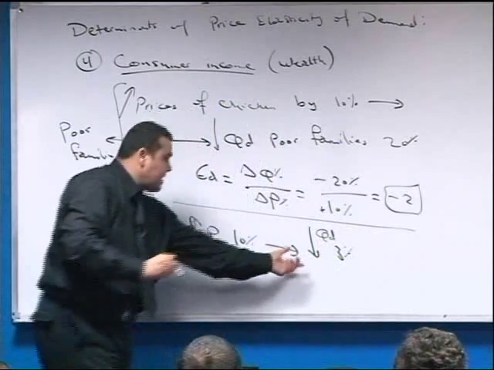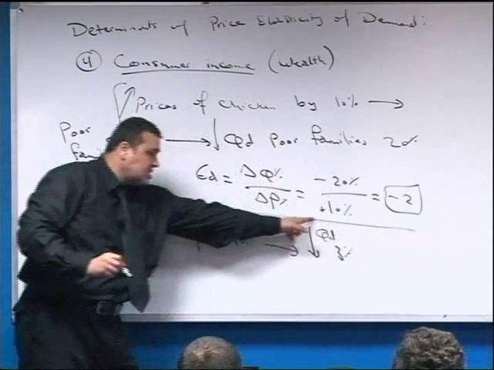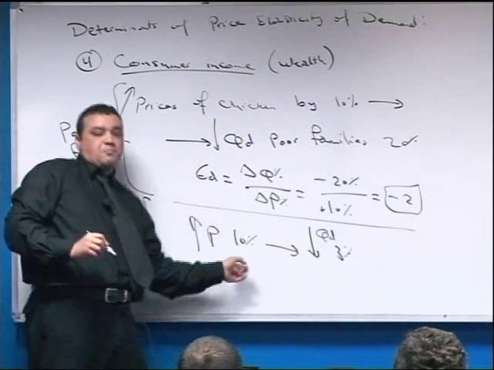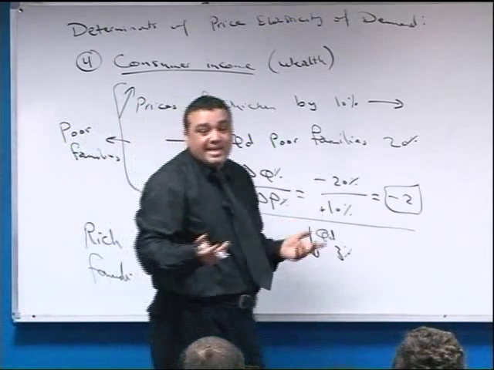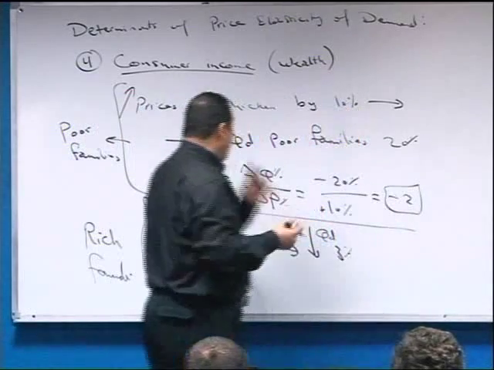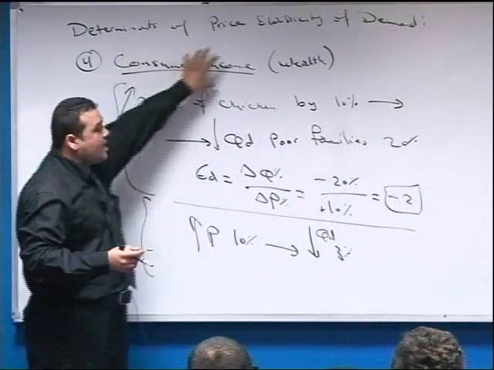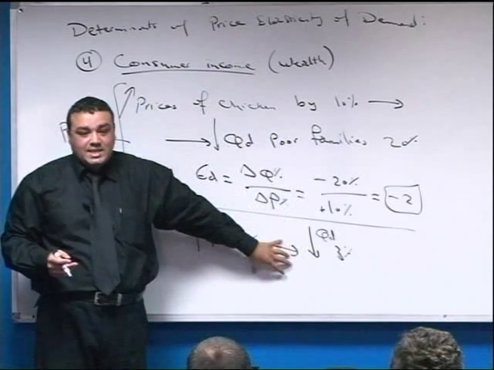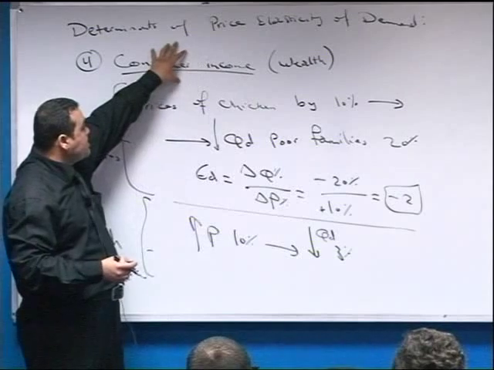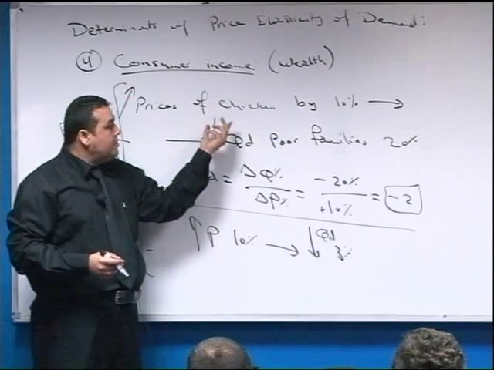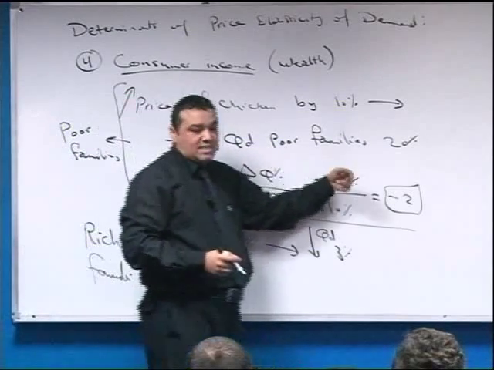So in this case, the percentage change in the quantity demanded is smaller than the percentage change in the price. So the demand would be inelastic. So the general conclusion would be, if the consumer income is high, the demand would be inelastic. If the consumer income is small or low, the demand would be more elastic.